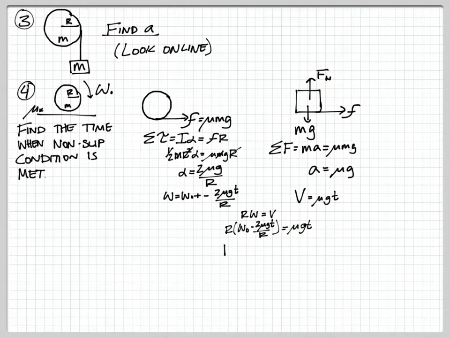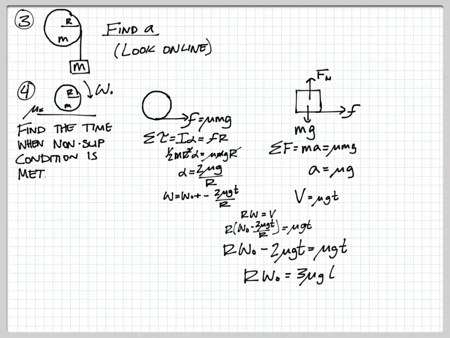We'll distribute that r. So we've got r omega minus 2 mu g t equals mu g t. Move that over. So r omega equals 3 mu g t. And then we solve for time.